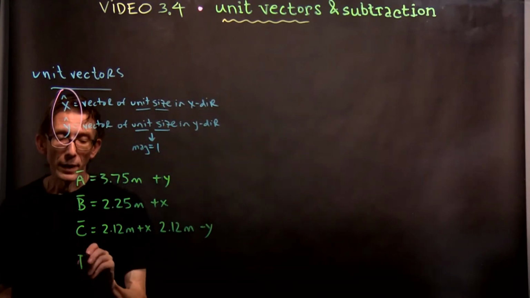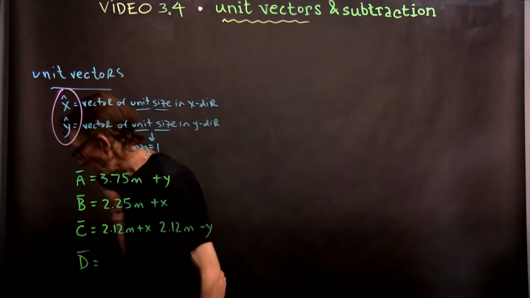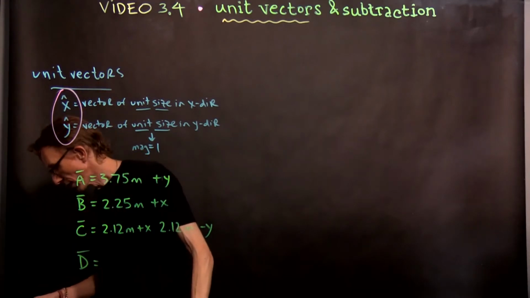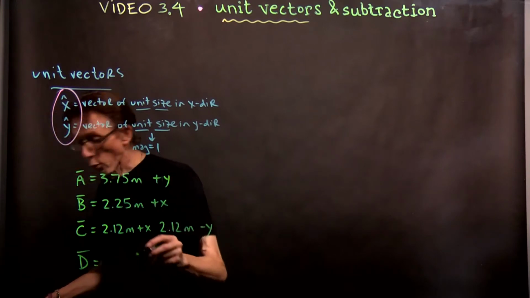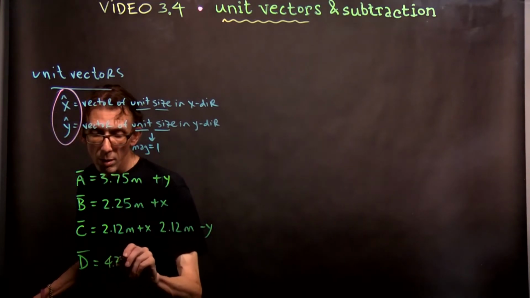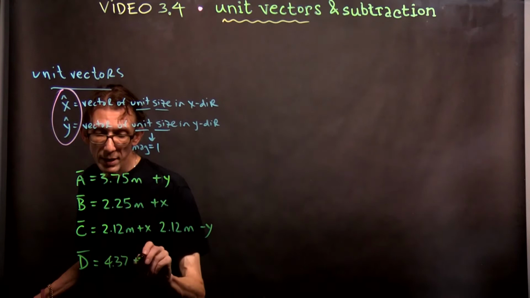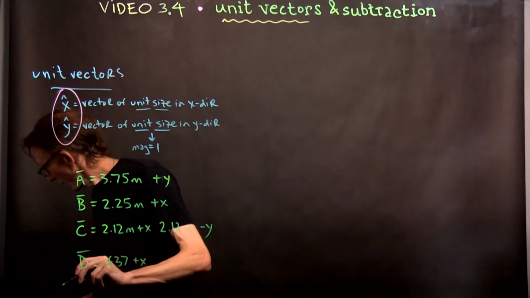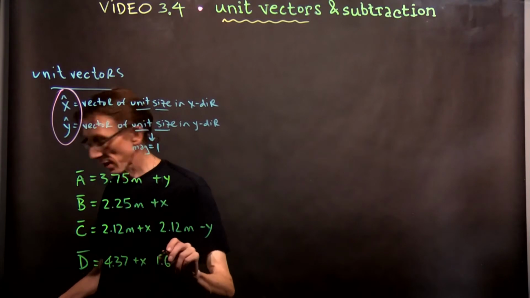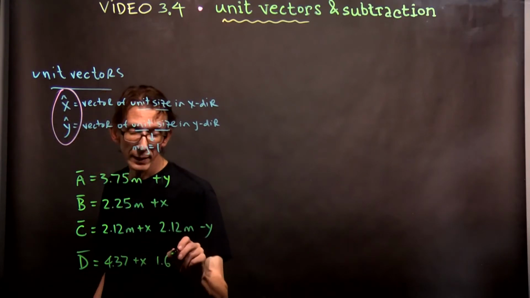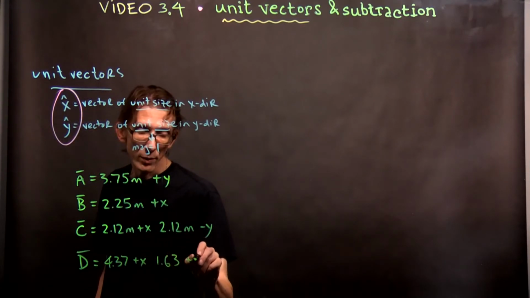It pointed down and to the right. And we finally had vector D, which was 4.37 in the positive x direction and 1.63, say, in the positive y direction.